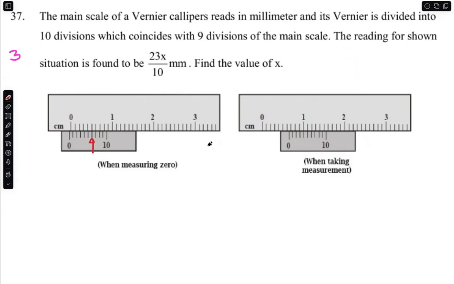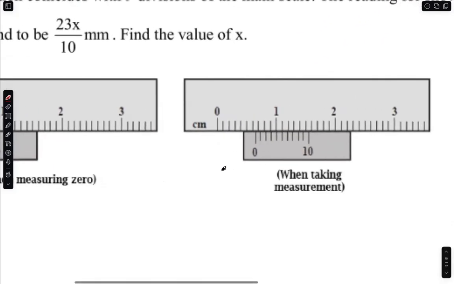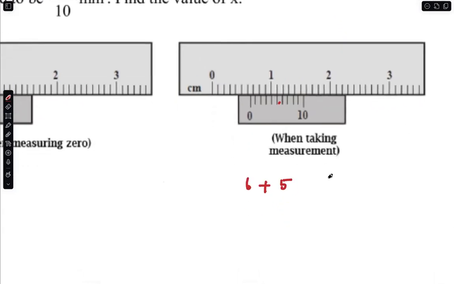The reading for the shown situation is found to be... 0, 1, 2, 3, 4, 5, 6 mm plus the coincidence, this one, 1, 2, 3, 4, fifth division into the least count.